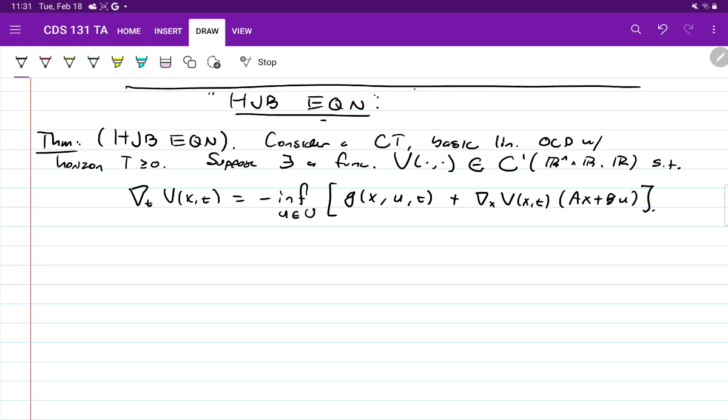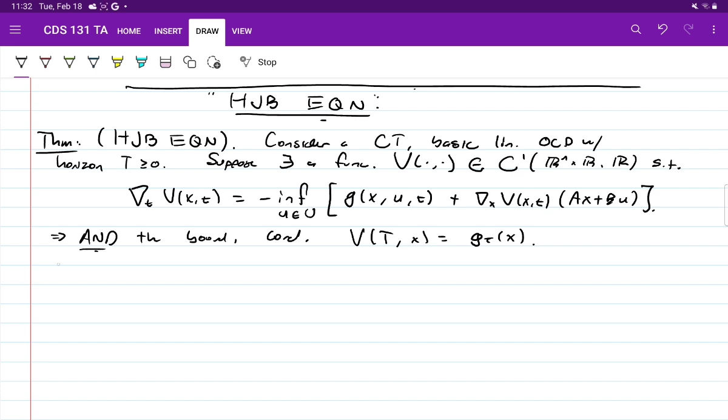Okay, so let's suppose V satisfies this. Let's suppose also that it satisfies the boundary condition V of t comma x equals the terminal cost, V of g_T of x. Okay, so I'll come back and discuss these in just a sec. Let's say that this needs to hold for all pairs of x and t. All right, this function is continuously differentiable, and we get that it satisfies this nice HJB partial differential equation.